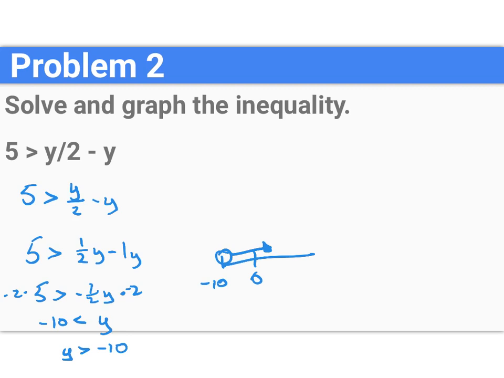So you saw where it was, the y was on the right, and then I flipped it around. I flipped everything around. I did not multiply. The y moved, the sign changed, and the 10 changed. So when you multiply by a negative, you only change the sign, but not the numbers or the variables.